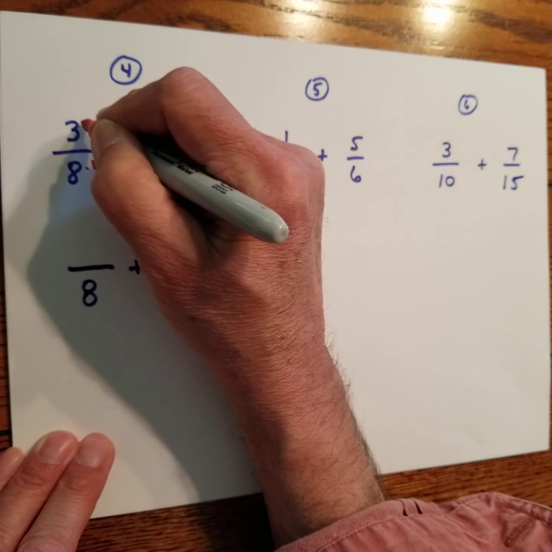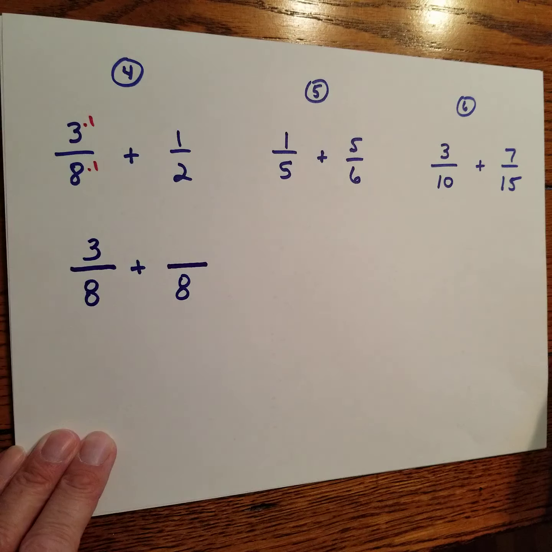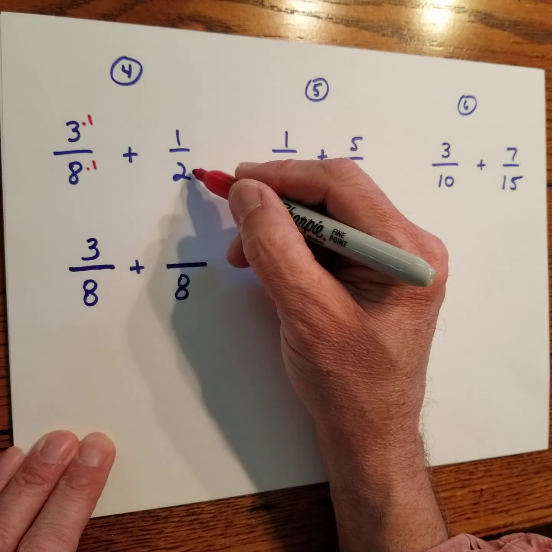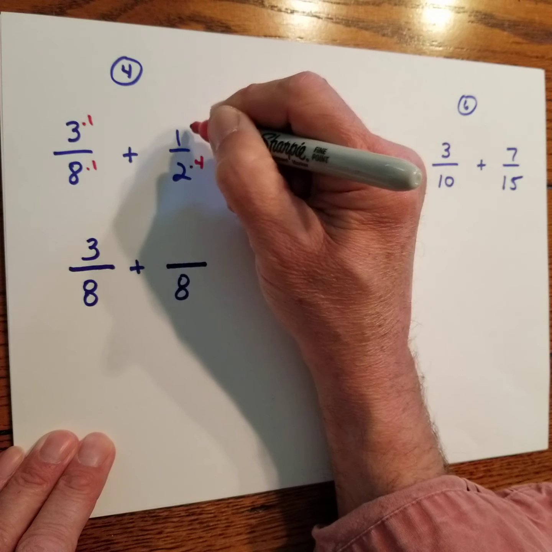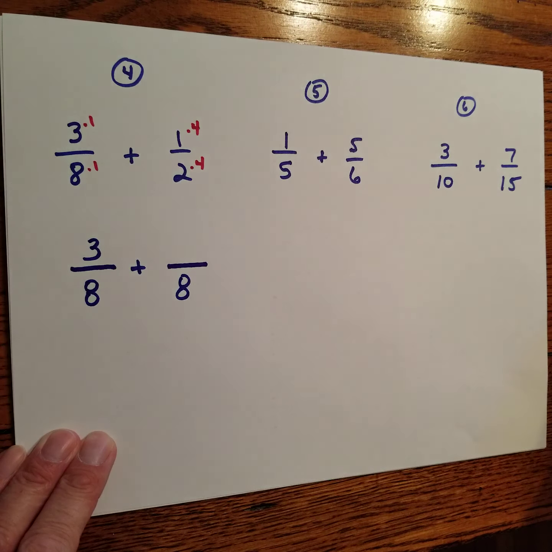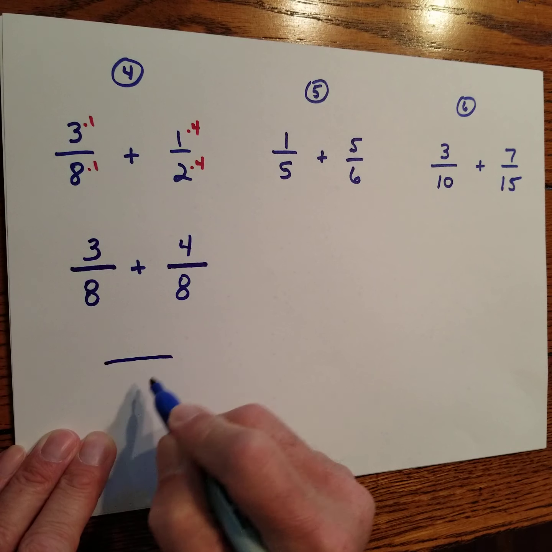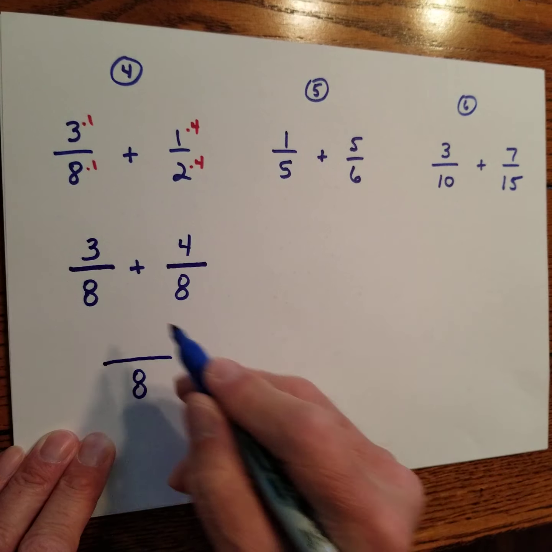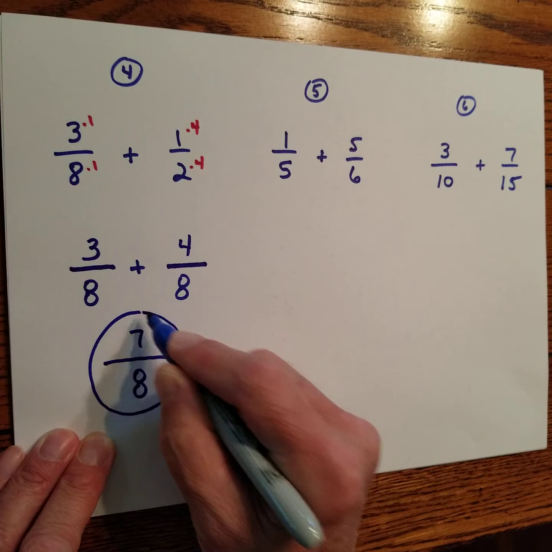You multiply by 1. What do you multiply times 2 to get 8? Multiply by 4. Now keep that common denominator and add up 3 plus 4. We like 7/8 as a good final answer.